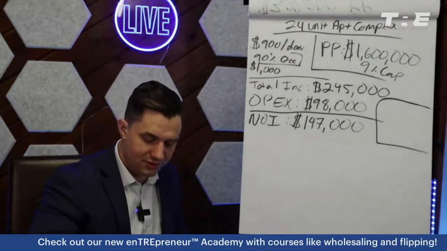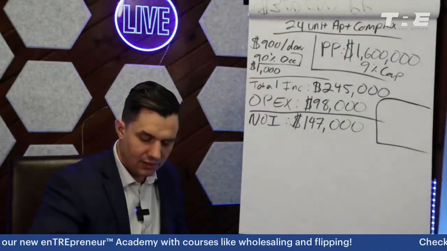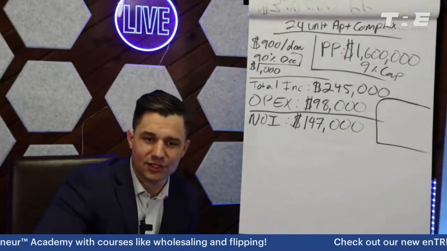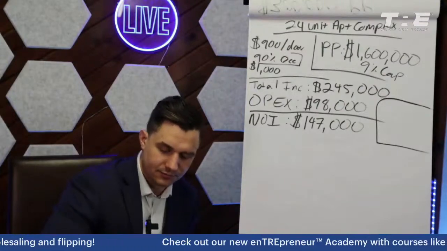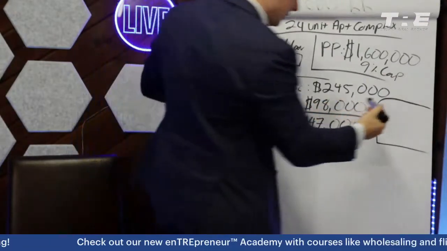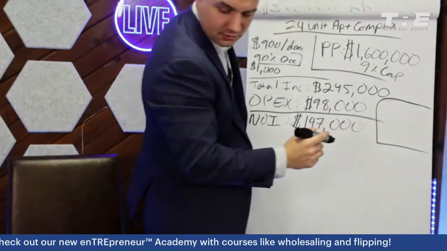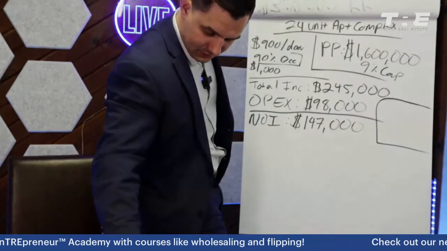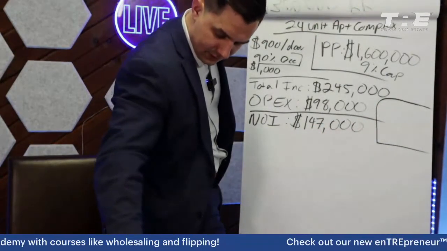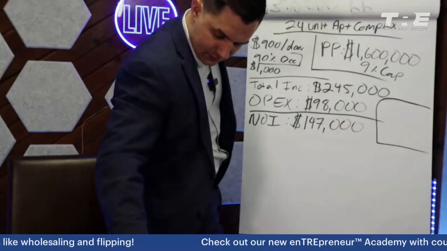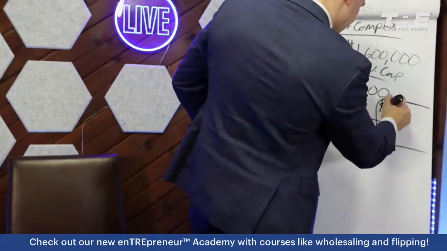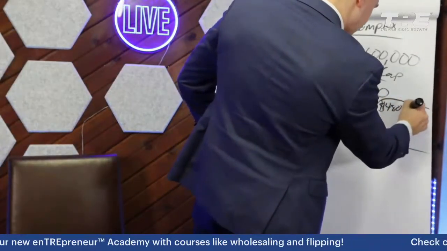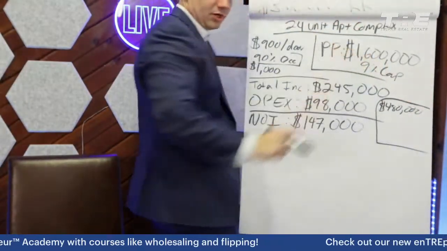All right, so 1.6 million. We'll likely have to put about 30% down on this deal. So what's our down payment? Our down payment is $480,000, 30% of the purchase price.